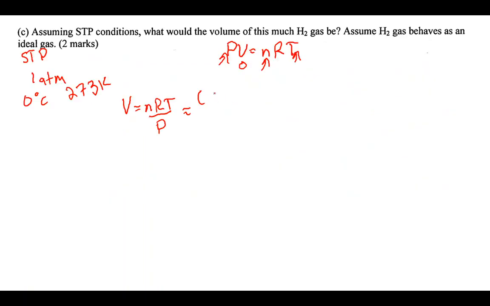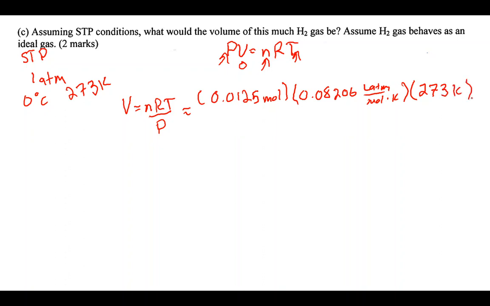So the moles we calculated in the previous question was 0.0125 moles, times R, which is our gas constant, 0.08206 liters atmospheres per mole degree Kelvin, times our temperature in Kelvin, which would be 273 at standard temperature and pressure, all divided by our pressure of 1 atmosphere.